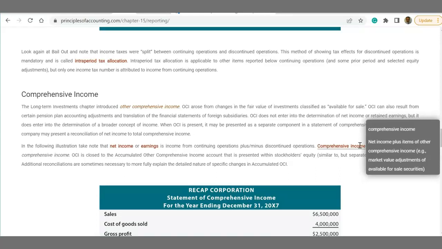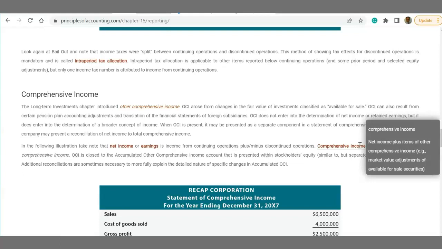Unrealized gain or loss. Let's say you also have some accounts receivable from China, and you're going to receive Chinese money, and if you translate Chinese money to the US dollar amount, then you will probably have some gain on that translation or sometimes a loss on that translation.